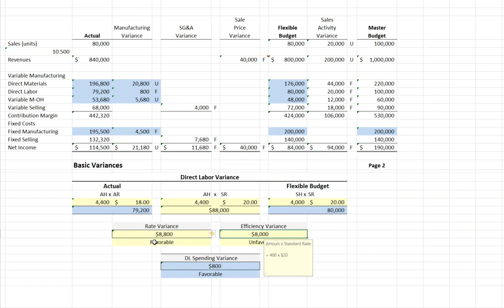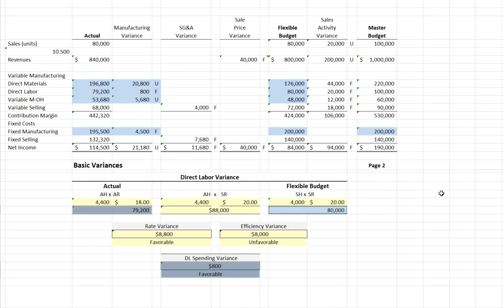Notice in this case we have a favorable variance and an unfavorable variance. The two net against each other, leaving us an $800 favorable direct labor spending variance. But more precisely, that's the difference between our actual expenditures and what we should have spent.